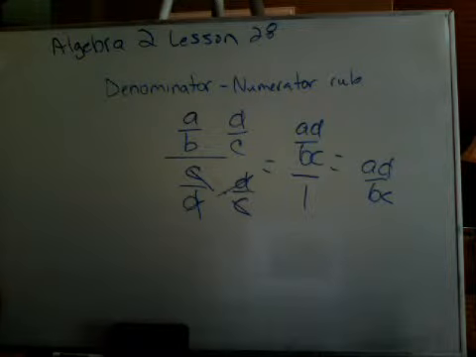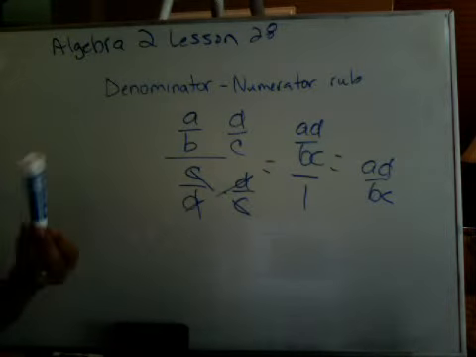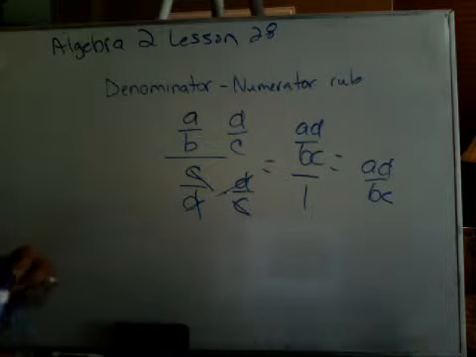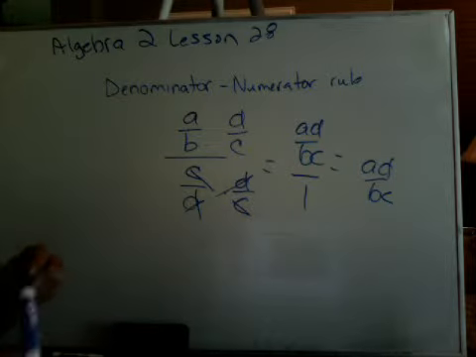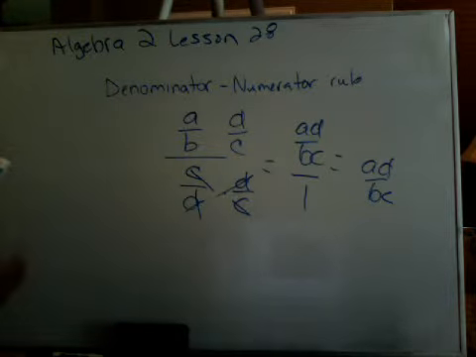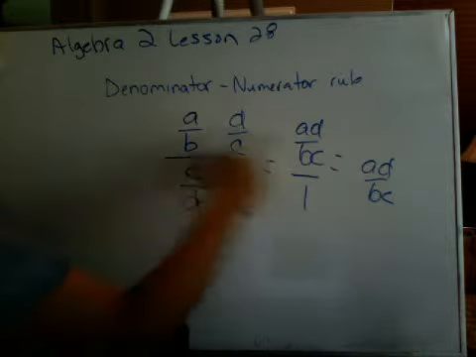So the denominator-numerator rule can be used anywhere, at any time, on a term in an equation, or on a term that is not in an equation. In everyday language, we can say anytime, anywhere, the denominator and numerator of an expression can be multiplied by the same quantity that's not 0 without changing the value of the expression. Only the form of the expression changes. So we've just renamed it. We haven't really changed it.